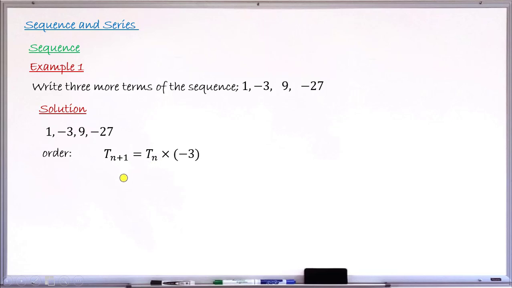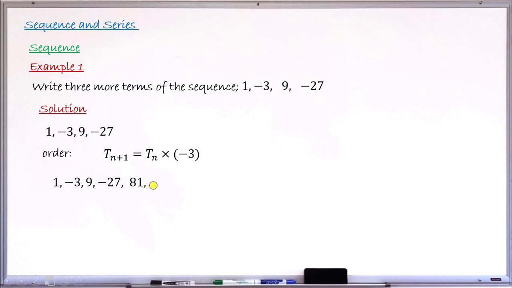So let me just write more terms. The next term after this is minus 27. So I take minus 27 as my Tn, and multiply it by minus 3 to give the next term, Tn plus 1. So I multiply minus 27 by minus 3. That will give me positive 81.